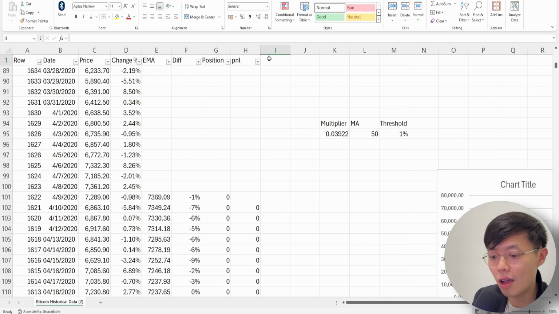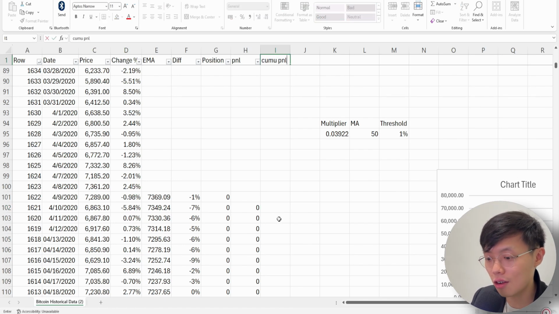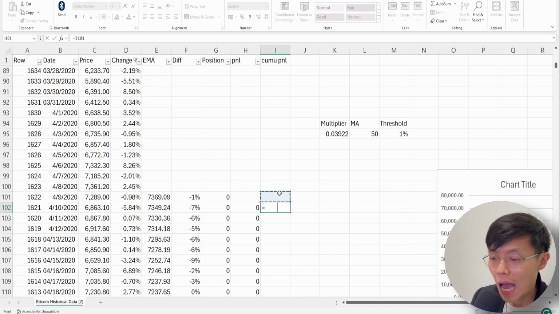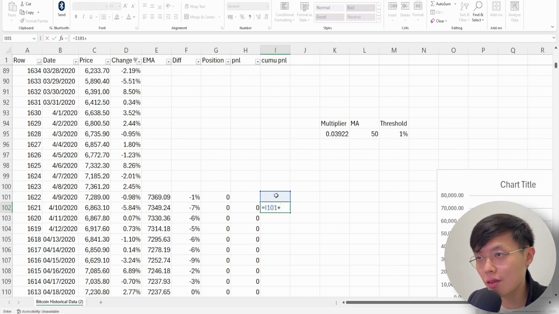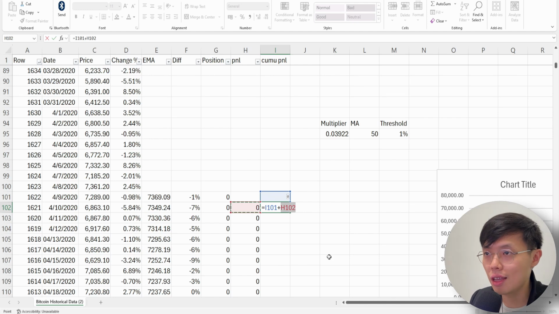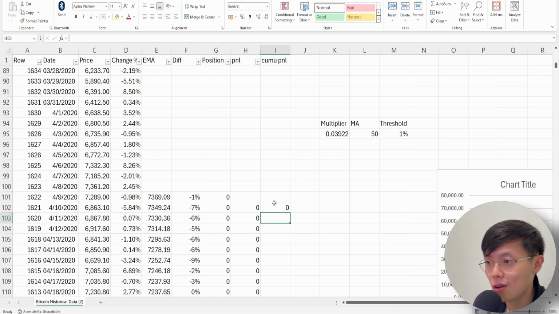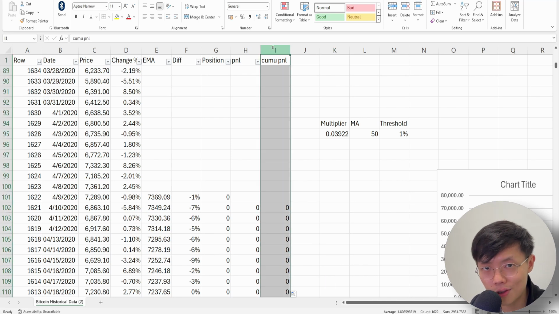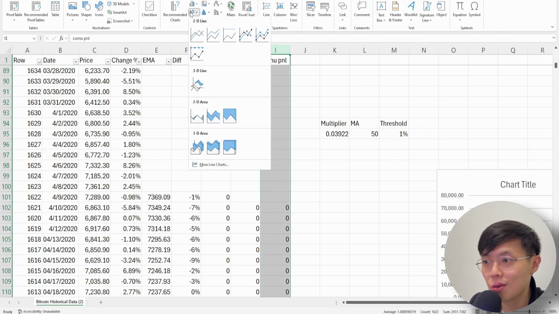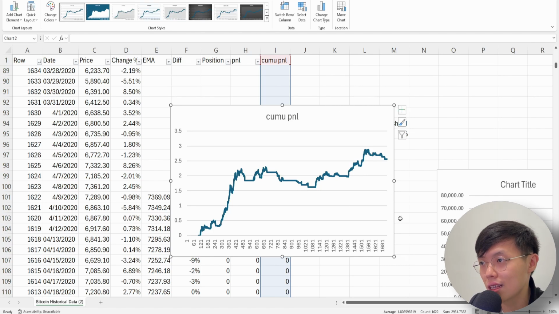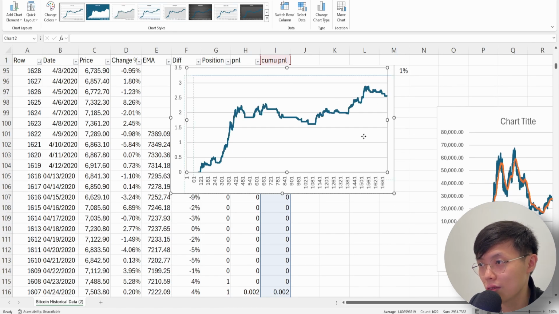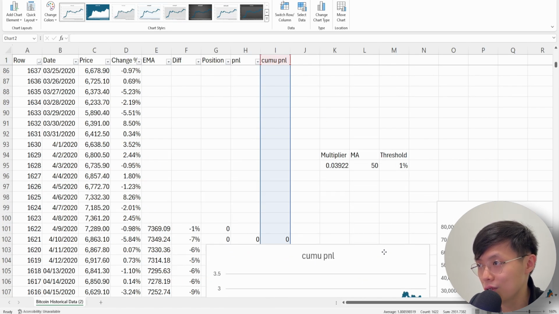With the P&L, I can calculate my cumulative P&L. To calculate cumulative P&L, I need to add the previous cumulative P&L to the P&L. With just that, we apply to all again, and I can plot my equity curve. I'm going to insert a line chart, the equity curve, and just like that, I have my equity curve where I trade this EMA strategy.